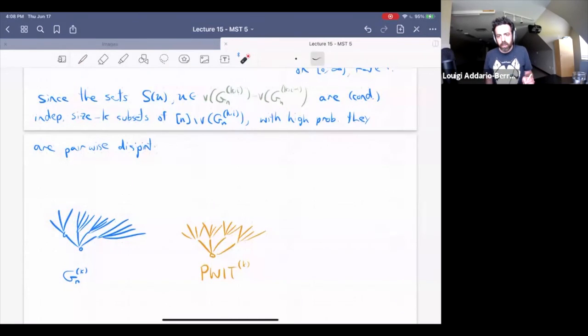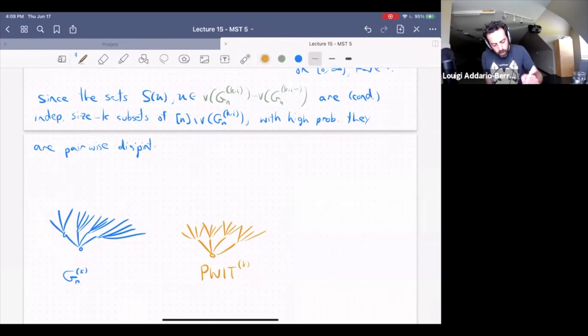That would change the metric structure. So the last step is to make sure that all of the other edges between these vertices in the complete graph have such high weight that they're not going to mess up the local structure.